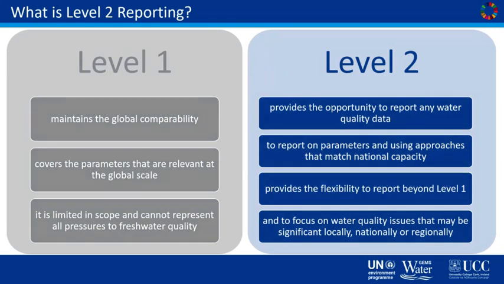Level 2 gives flexibility to countries to report beyond these simple measures and provides a mechanism to report on parameters and approaches that may match more closely the national capacity to monitor, and to focus on impacts on water quality that may be significant locally, nationally or regionally.